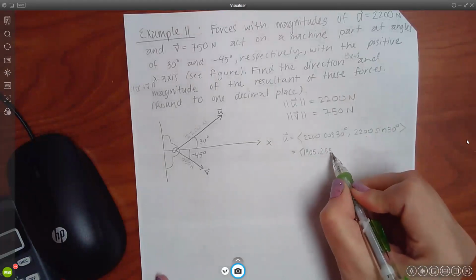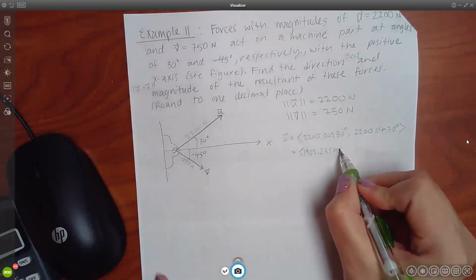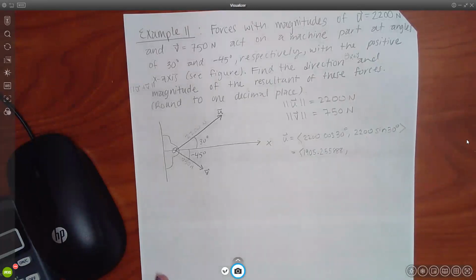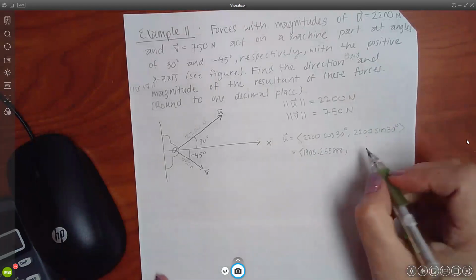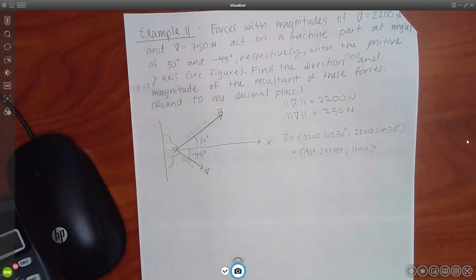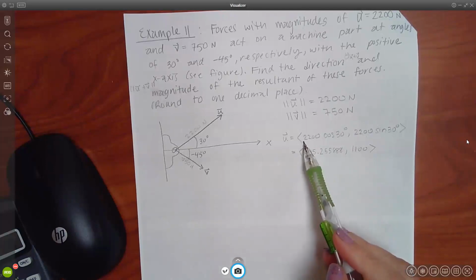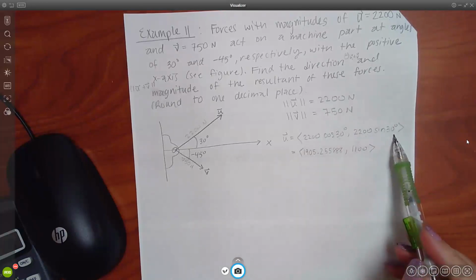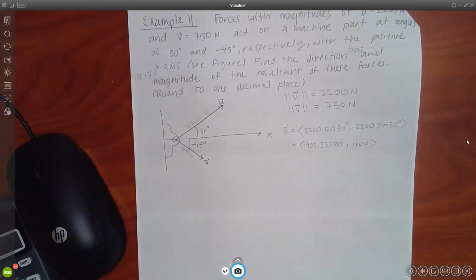I want to make sure that I'm not doing this wrong. And then sine of 30 times 2200 will just be 1100. Make sure you get those same two values. I'm just typing this in the calculator and this in the calculator.